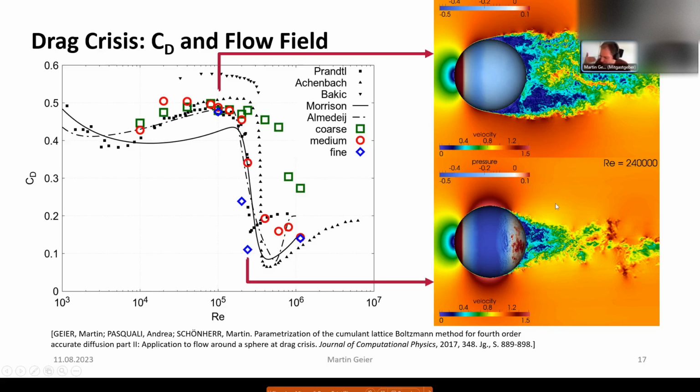There is no trick in this. This is a simple no-slip boundary condition. There's no turbulence model in this. The resolution here is 500 points across the sphere. You simply do it, solve it. No wall function, no turbulence model in this.